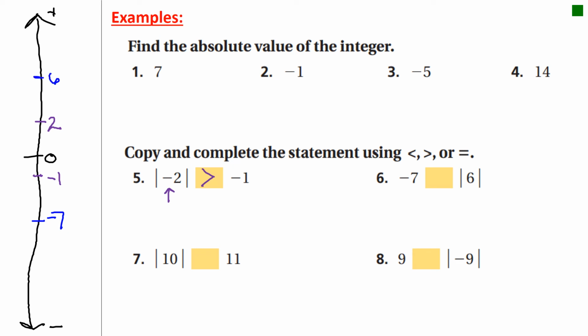Which one is bigger, -7 or 6? 6. 7, the absolute value of 10 is 10. And then we have 11. Which one's bigger, 10 or 11? 11 is bigger. Okay. We have 9 and the absolute value of -9. The absolute value of -9 is 9. So 9 and 9 are equal.